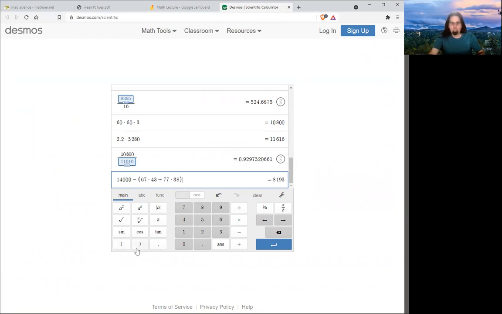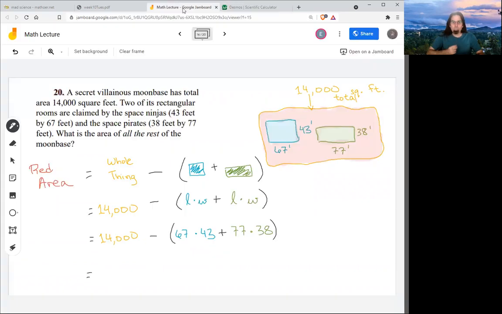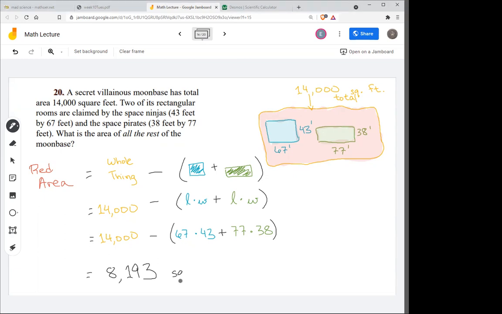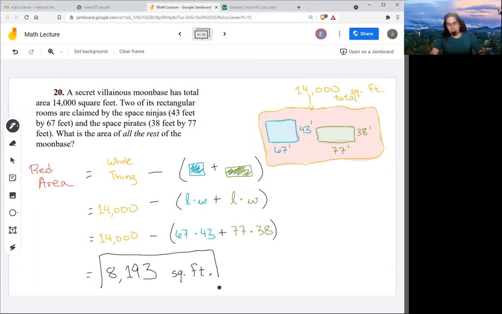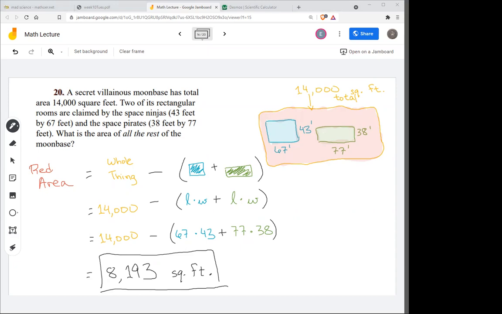So I think 8,193. And what is our unit? Square feet. Ta-da. Questions about that one? No, thank you.